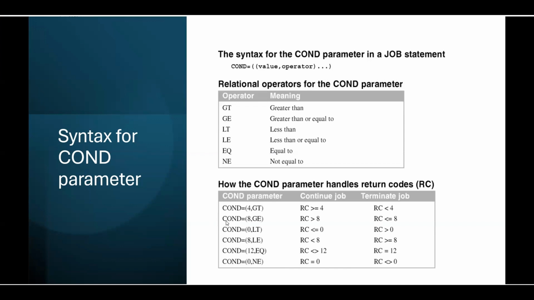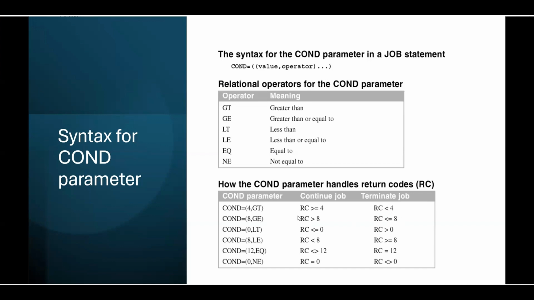The next one is the condition 8 GT, so greater than or equal to 8. For example, if the return code is 10, that means 8 is greater than 10, which is not true, so your job will continue. When we get the return code as 4, that means 8 is greater than 4, yes, the condition is true, so it terminates the job.